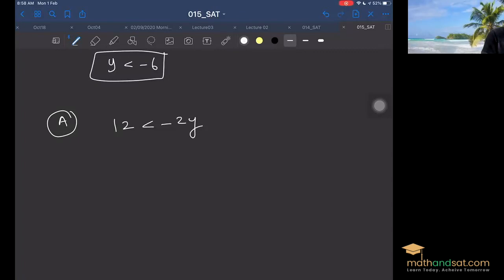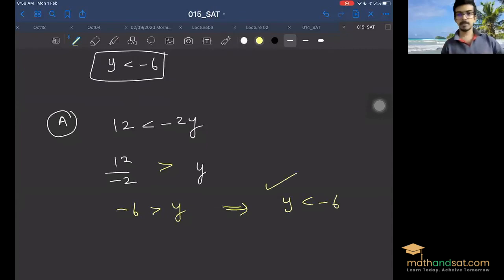So we have 12 by minus 2 and y. The inequality reverses, so minus 6 is greater than y. Again it is y less than minus 6, which is the same as the one given in the question. Right? Cool?